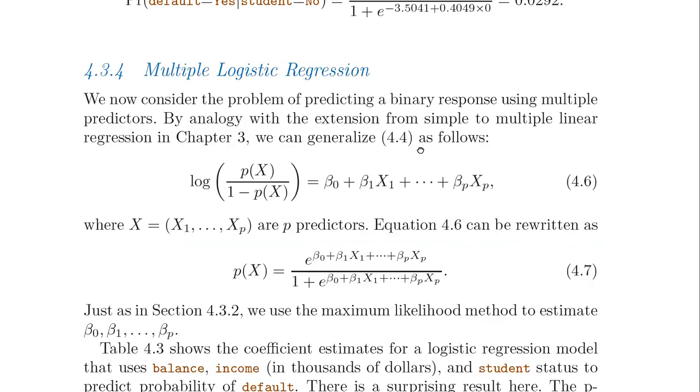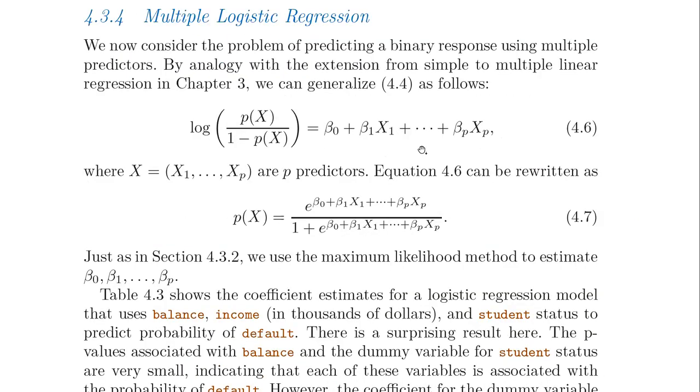Multiple logistic regression. Notice the parallels with the way we set up linear regression in the previous chapter. We now consider the problem of predicting a binary response using multiple predictors. By analogy with the extension from simple to multiple linear regression in chapter 3, we can generalize 4.4 as follows.